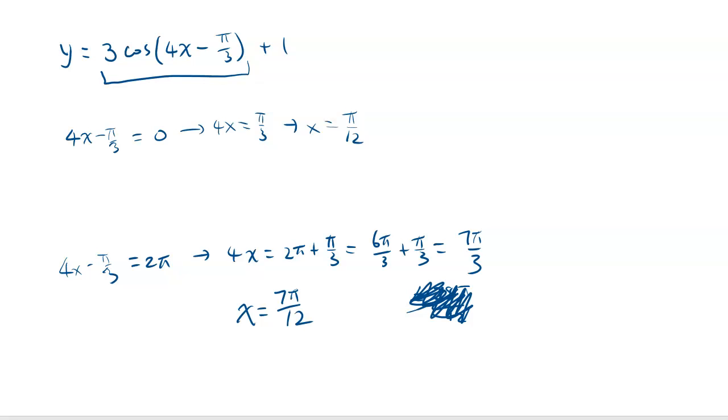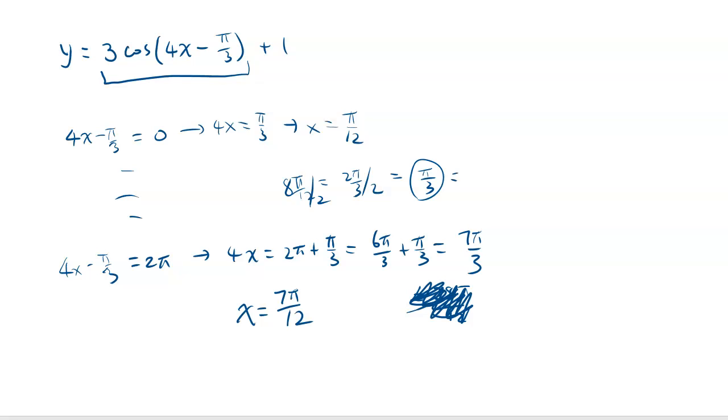The beginning point, the phase shift, is pi over 12. Now to get the midpoint and the midpoints of the midpoint, here's what we do. Add the 2, which is 8 pi over 12, and that's equal to 2 pi over 3, and then you divide by 2. 2 over 2 is 1, so it's pi over 3. That's the midpoint.